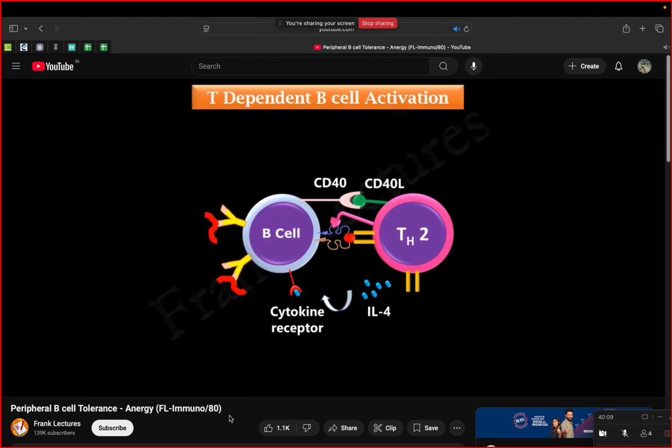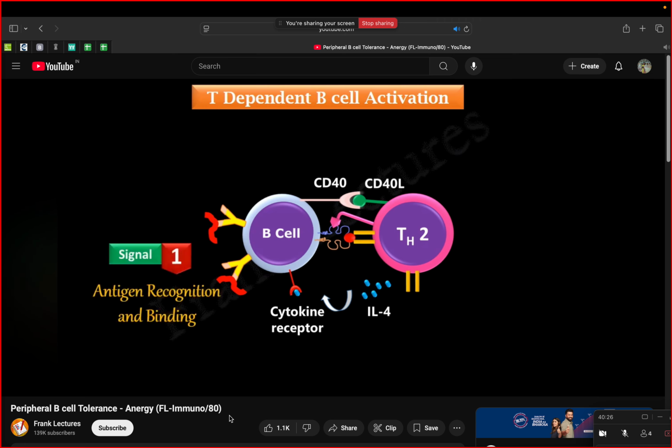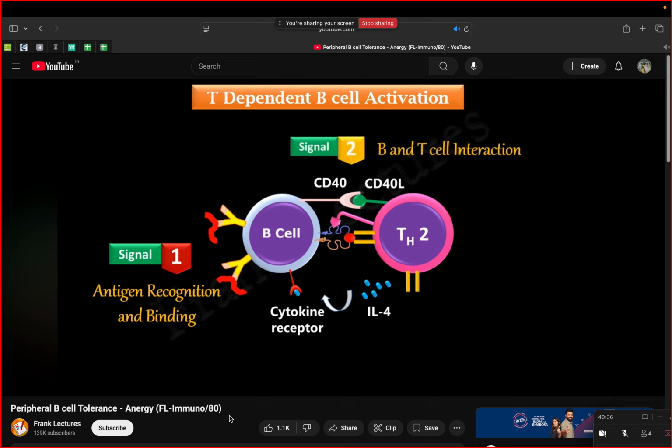T-dependent B cell activation takes place when the antigen is not multivalent, for example, protein antigens. In this case, activation of the B cell takes place by a three-signal process. Signal 1 is derived from antigen recognition and binding to B cell receptors. Once signal 1 is received, the B cell interacts with a T helper cell.